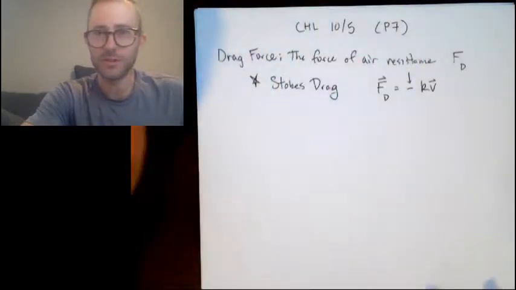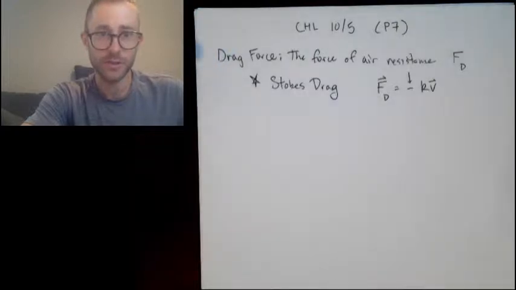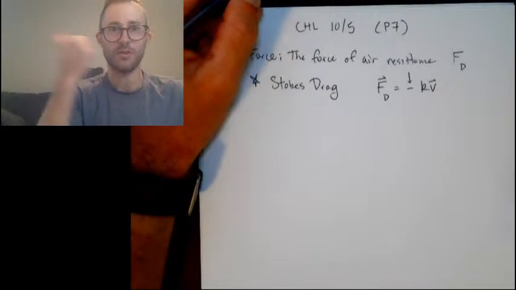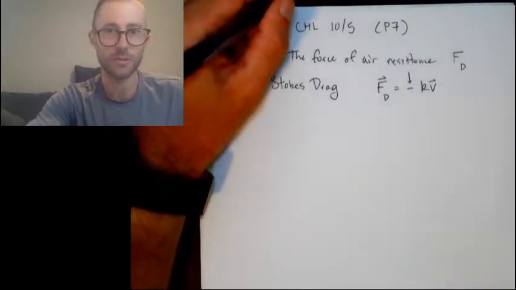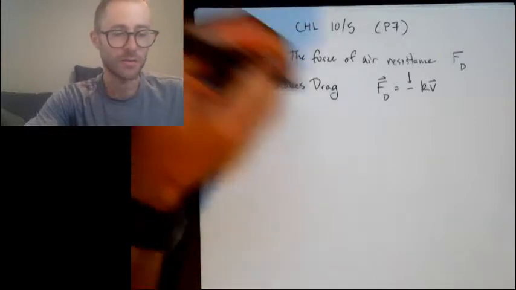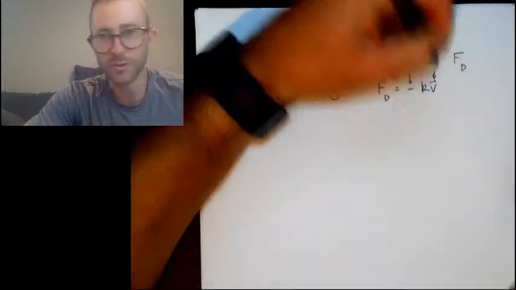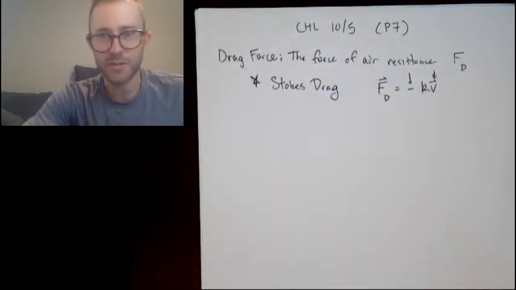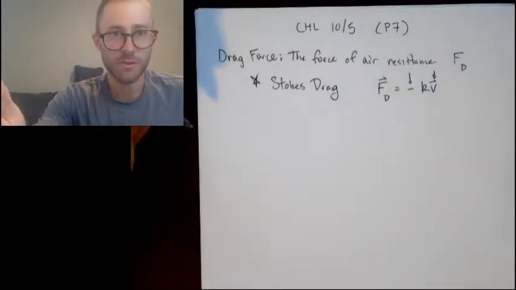One thing to note is there's a minus sign because the drag force is an oppositional force. If you go to the left, then drag force points to the right. If you go up, drag force points down. So it's an oppositional force. It is proportional to the velocity. So that means that the faster you go, the larger the drag force.